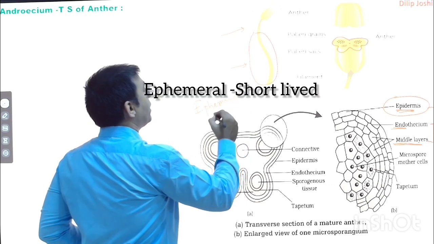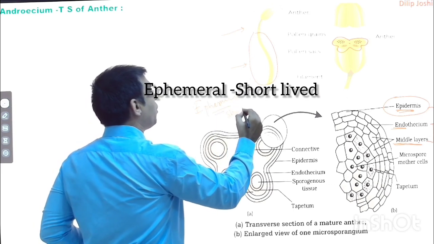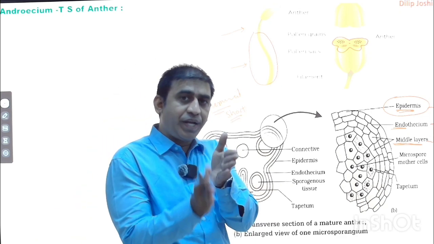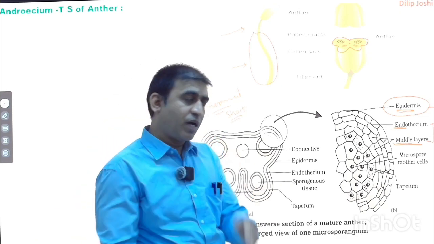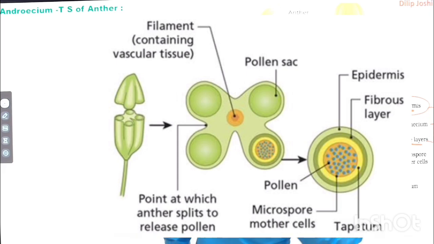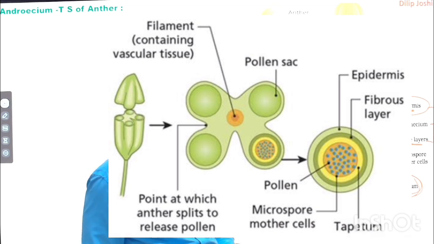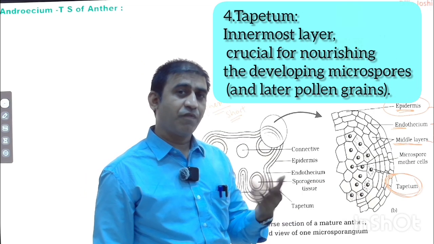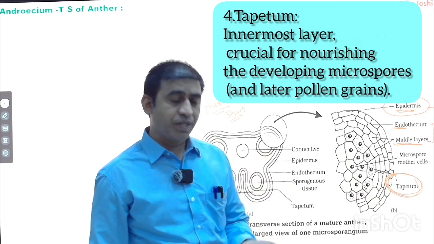Ephemeral means short-lived, not staying for a long time. It is short-lived because during dehiscence it will burst and pollen grains are released. Then the innermost layer is called tapetum. Tapetum is the innermost layer, which is nutritive. Its cells contain more than one nucleus, that is, they are polyploid in nature.